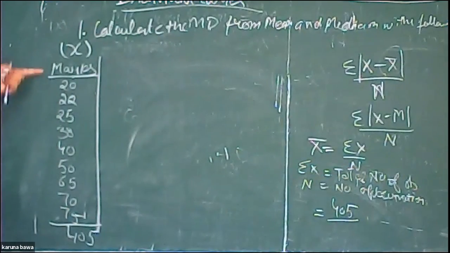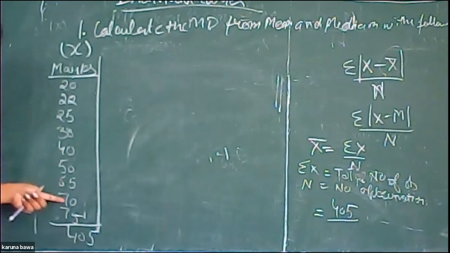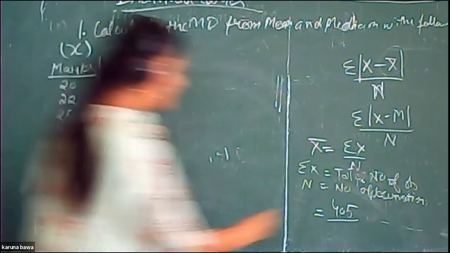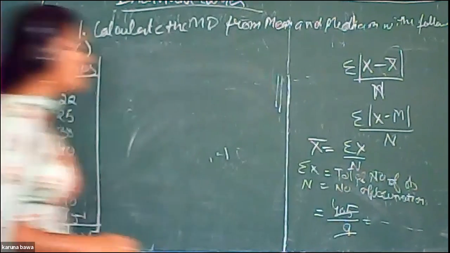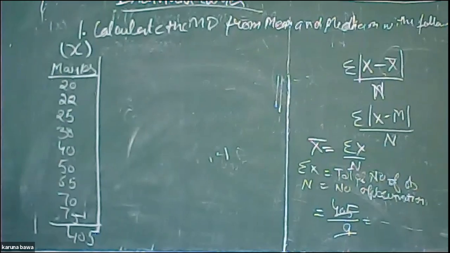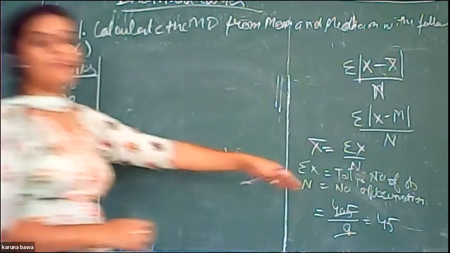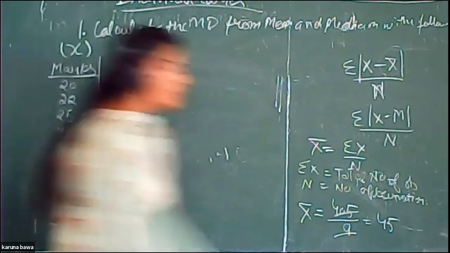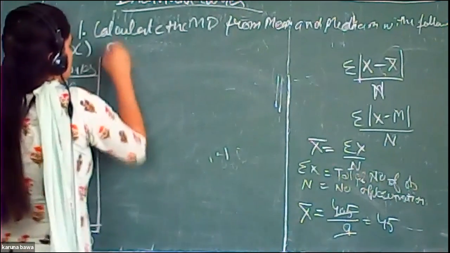How many observations? 1, 2, 3, 4, 5, 6, 7, 8 and 9. So n is 9. After 405 divided by 9, we find the value 45. This is the value of mean. Mean is equal to 45. On the other hand, deviation from mean.